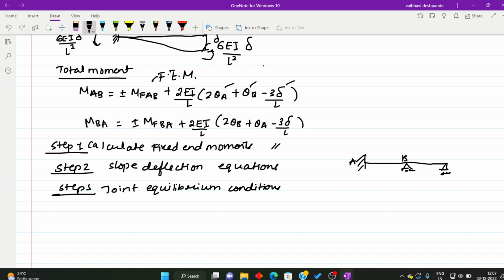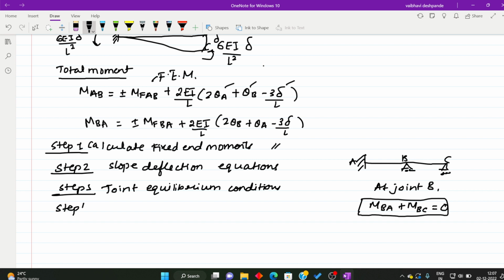A, B, C. For this, at joint B, two members are meeting, that is AB and BC. So at joint B, the joint equilibrium condition means MBA plus MBC equal to 0. So after writing the slope deflection equations, we have to write the joint equilibrium condition, substituting in it.